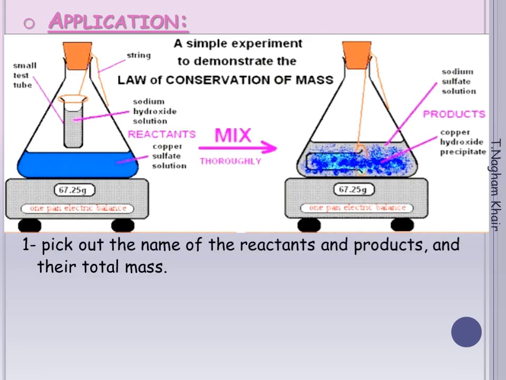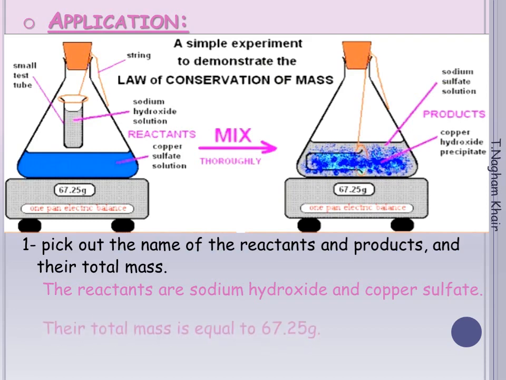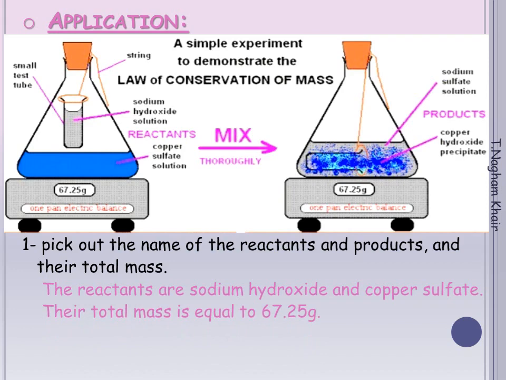Pick out the name of the reactants and the products and their total mass. The reactants are the ones that are found at the beginning, which are sodium hydroxide and copper sulfate, and their total mass is equal to 67.25 grams from the balance.